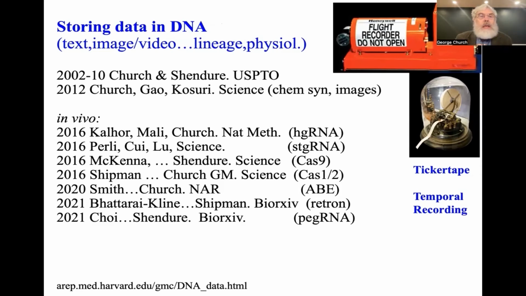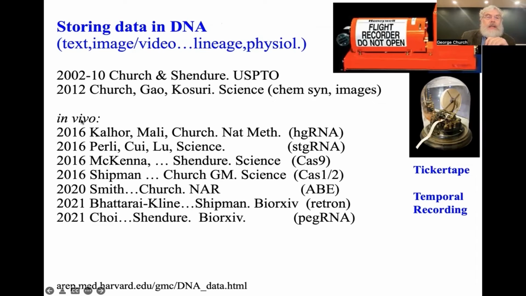So we've been storing data in DNA since our first proposal in 2002, which was sent to the US Patent Office. In 2012, we did an in vitro chemical synthesis of a book and images, my book Regenesis.